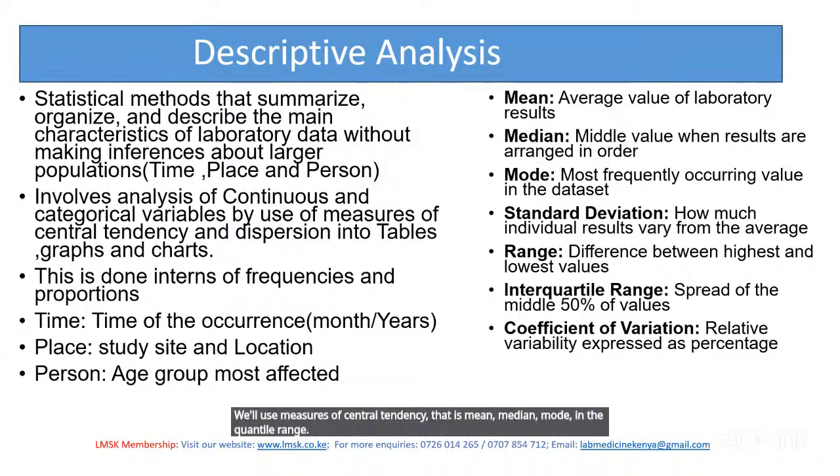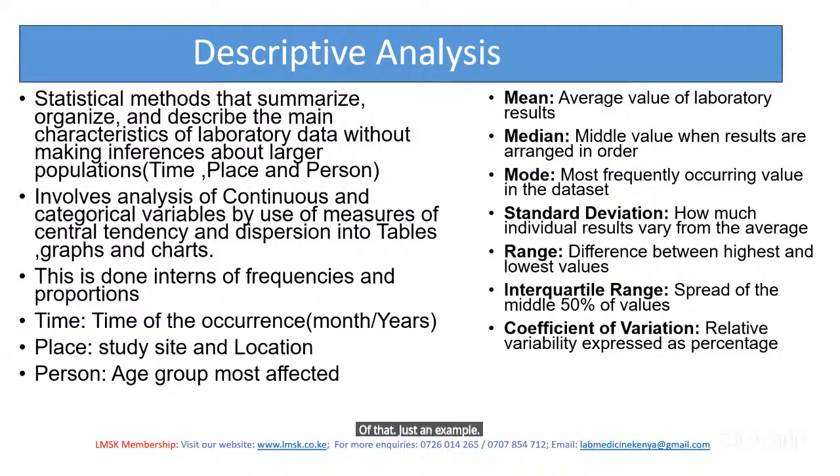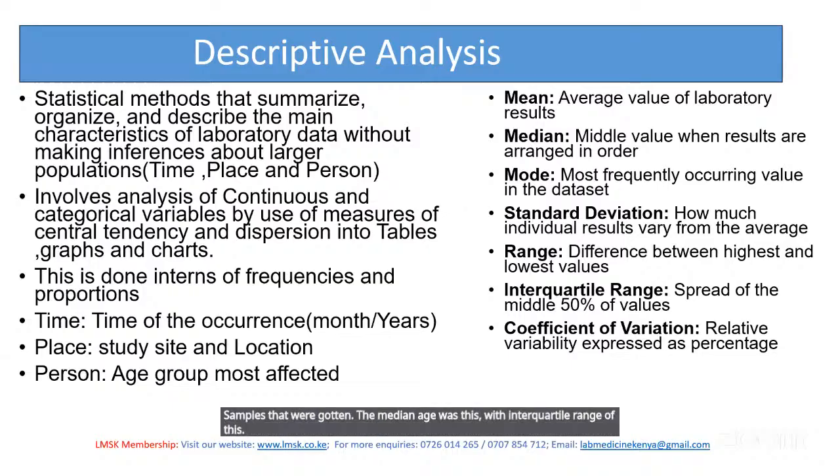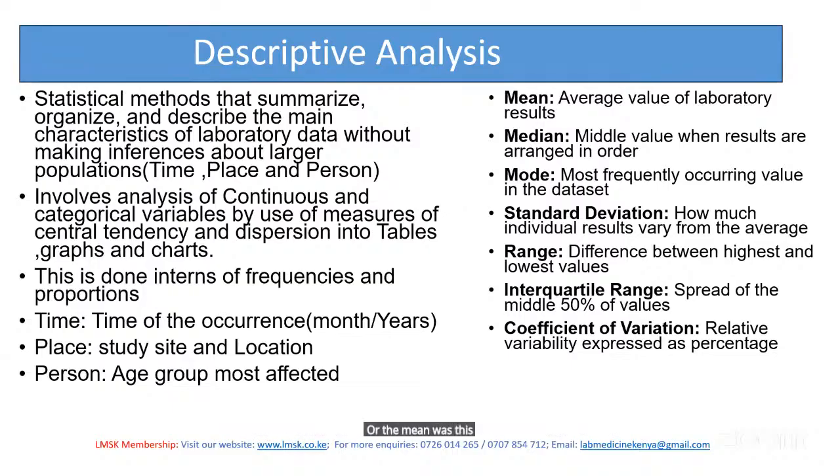Just an example: of the 279 samples that were gotten, the median age was this with interquartile range of this, or the mean was this with standard deviation of this. So that is how you come up with your results.